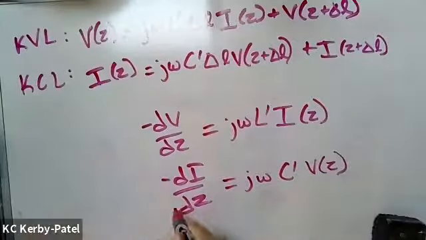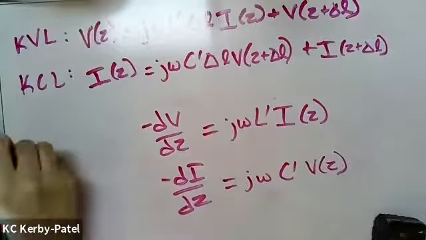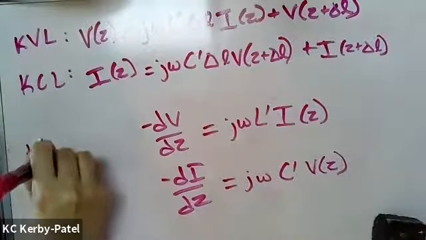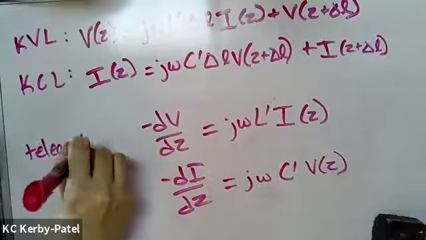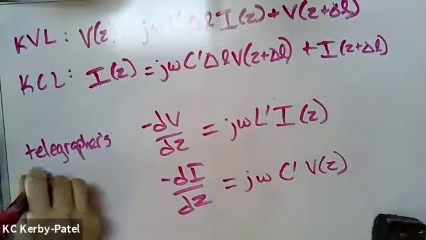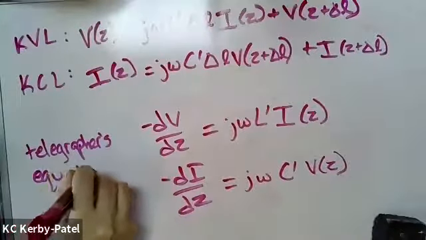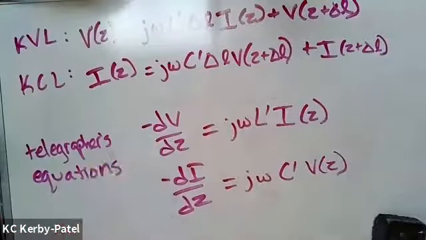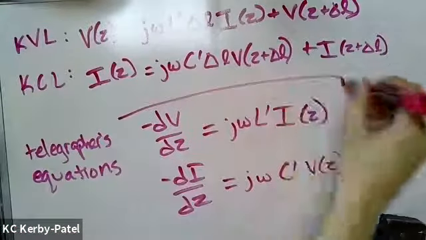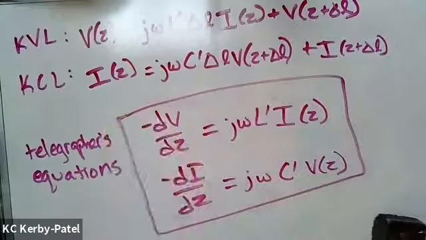This pair of equations is actually very important and has a name. It is called the telegrapher's equations. And it's called that because this little piece of math is what enabled the invention and operation of the telegram over long distances.